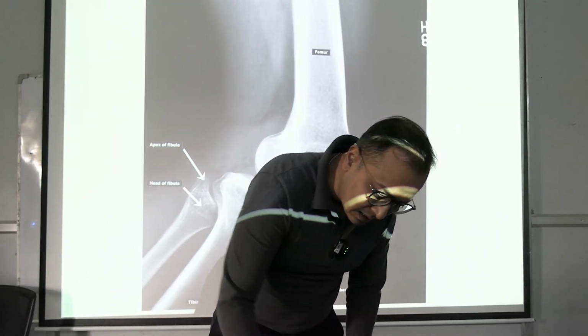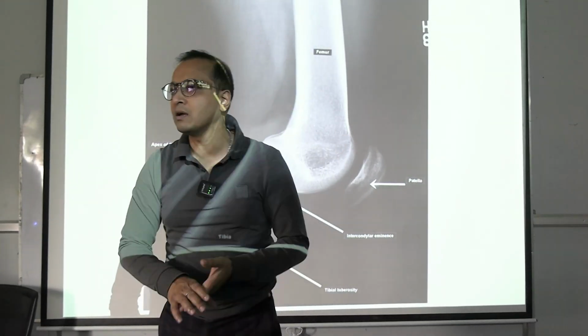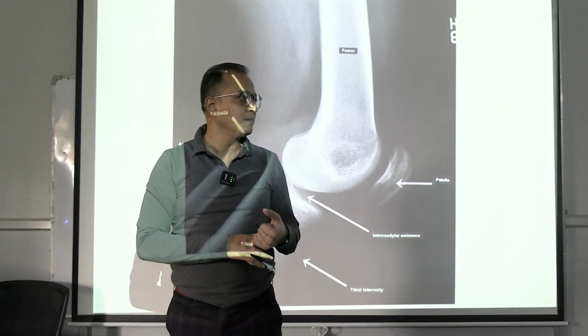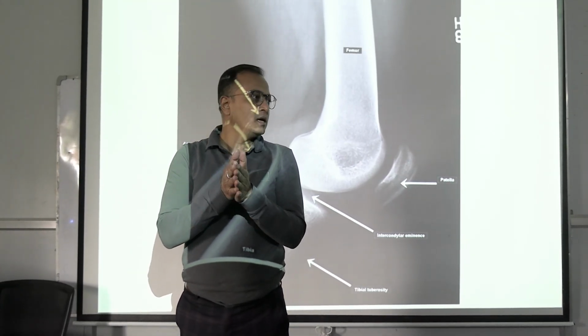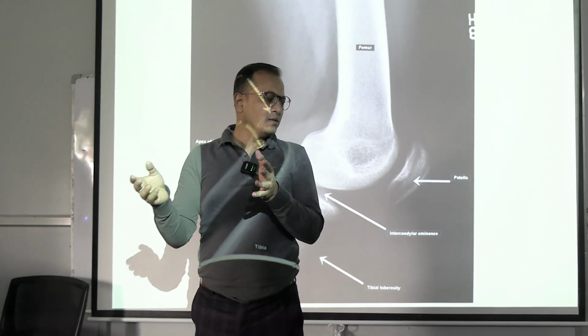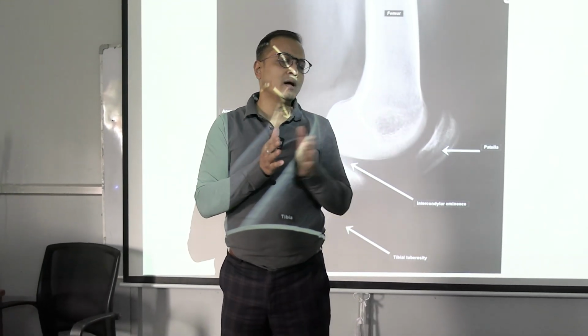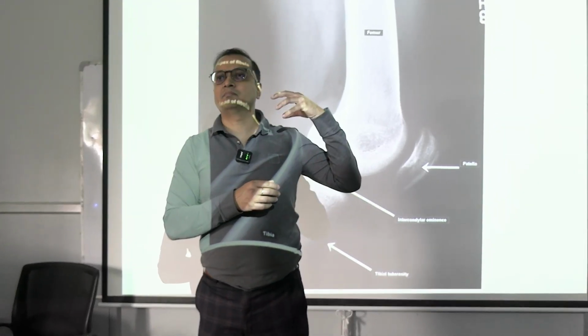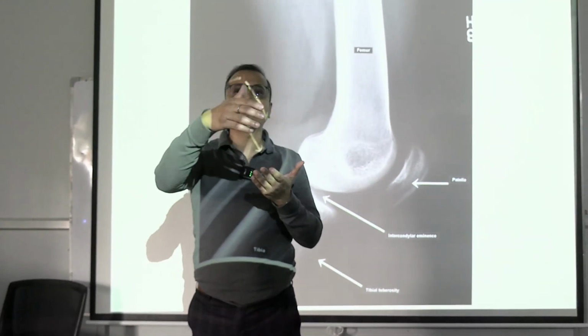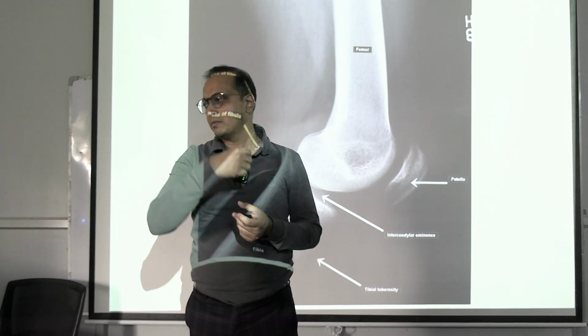Now, talking about muscle attachment, as I mentioned, the quadriceps muscles are attached to it. In the middle portion we have the vastus intermedius. On the medial side we have the vastus medialis, on the lateral side the vastus lateralis, and the rectus femoris superimposes on the central part.